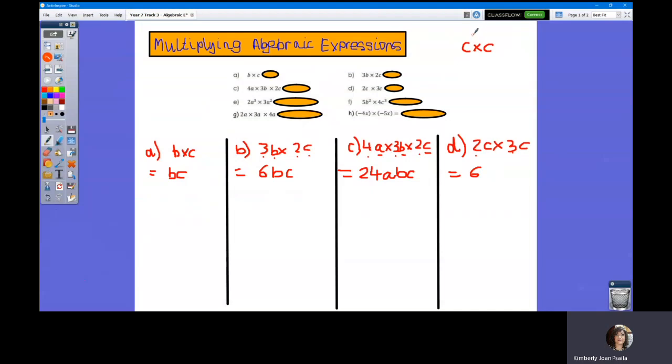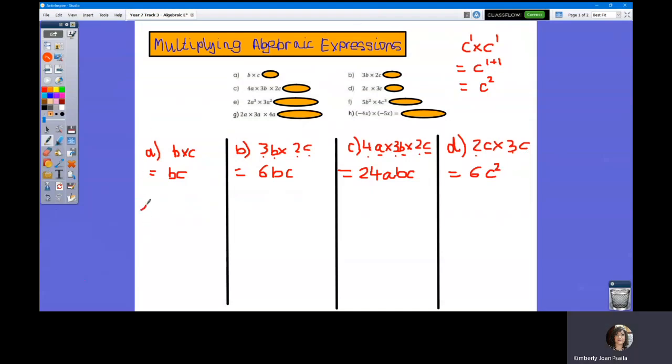However, here there is an invisible 1. So what do we do with those indices? Here we just add those indices together. So c times c means c power 1 times c power 1. You add the indices and you should get c squared. You see, the answer is a square number. So 2 times 3 is 6, and c times c gives us c squared.